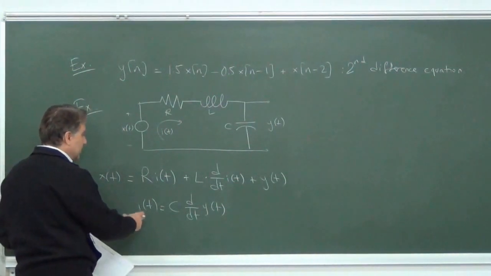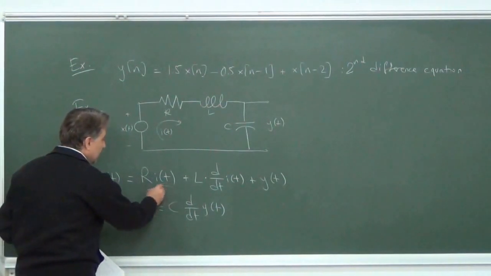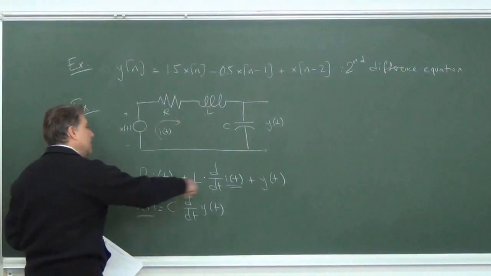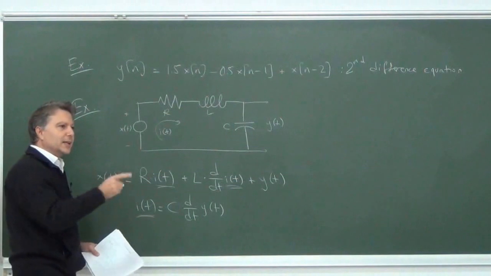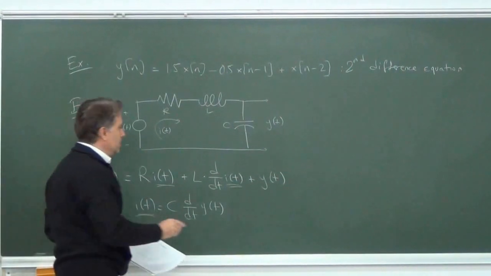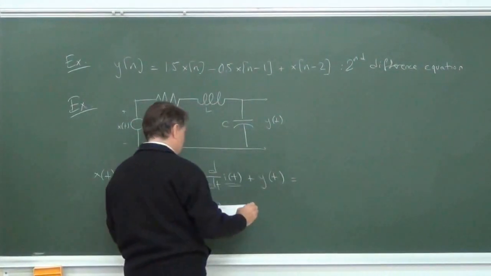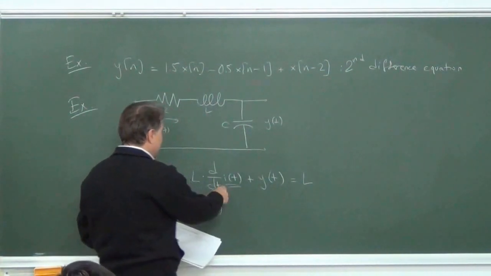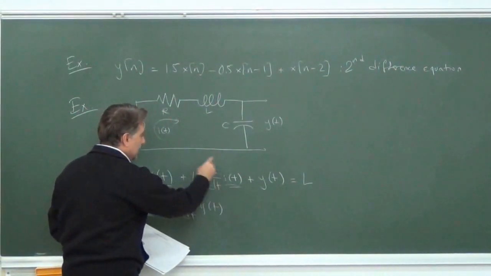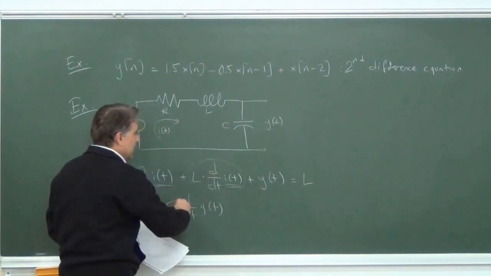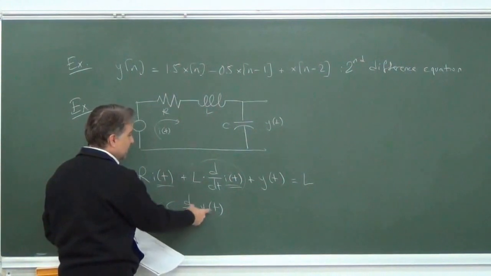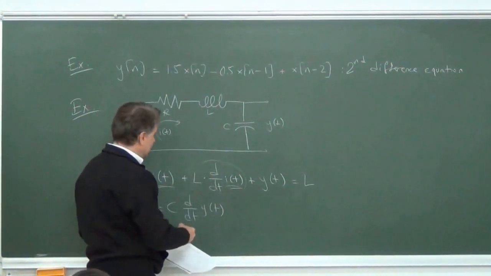That's the behavior of our famous capacitor. So let's substitute this instead of i of t here and here, so that the whole equation will be in terms of y of t, and i of t will be eliminated from the equation. So this will become L times, I will first indicate this portion because there is already a derivative of i of t, and i of t is already a derivative of y of t. So the second derivative will come.